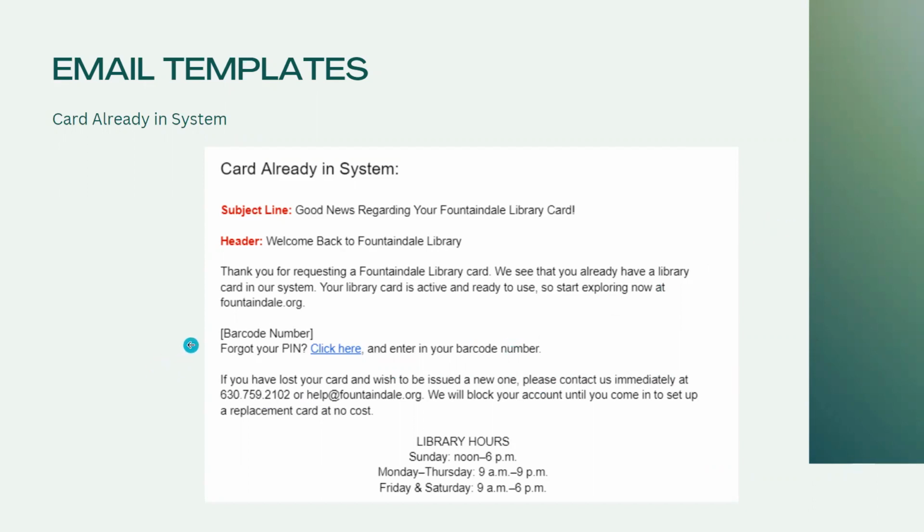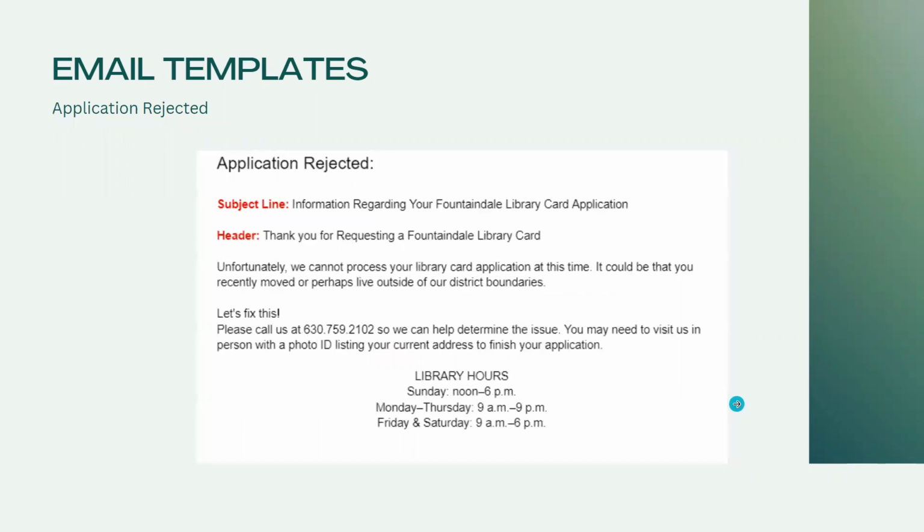So if we find it within our system, within our ILS, we will resend them the barcode and send them a link to reset their password. And throughout the emails, we are available anytime to help them by phone or through email if they have any questions. So here's the last one.